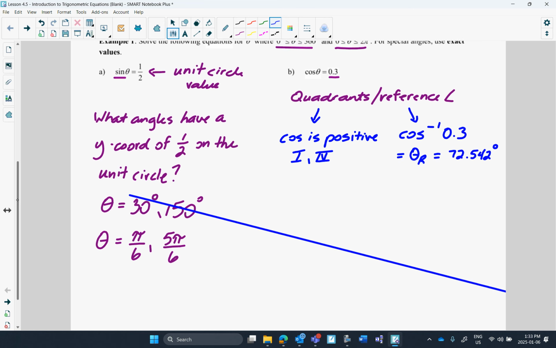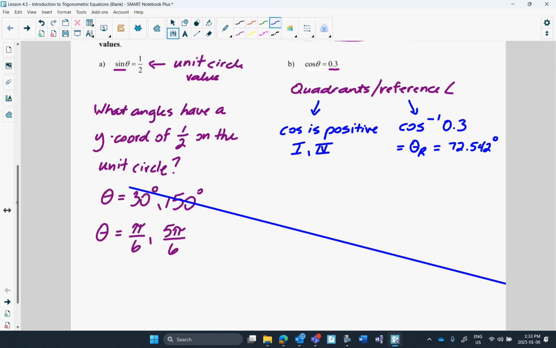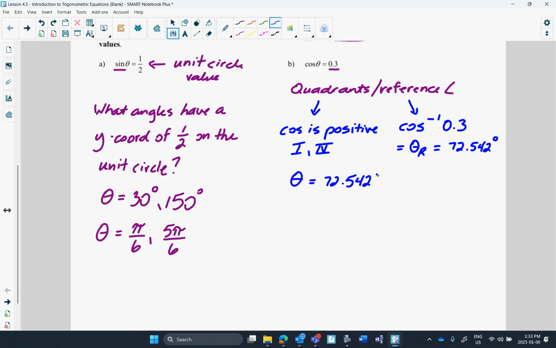Now we're ready to find the actual angles, because now I know everything I need to. I know one of the angles is in quadrant 1, and the reference angle is 72.542. What's the actual angle in quadrant 1? Same thing, 72.542 degrees. That's quadrant 1.